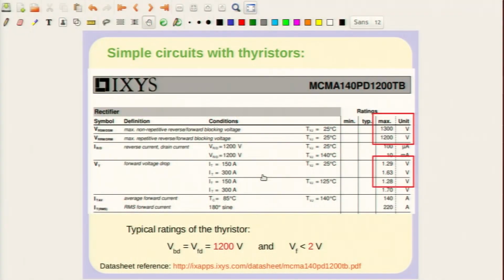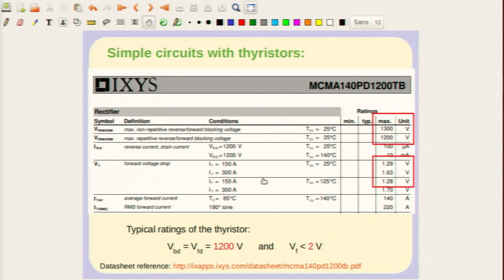Here you have a degree of freedom: even if the voltage VAK is positive, the thyristor will not turn on unless you give a signal at the gate. So, that is 1 degree of freedom you get. That means that you can actually control the output, and that is what we shall see shortly.